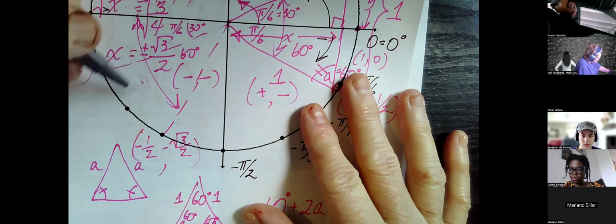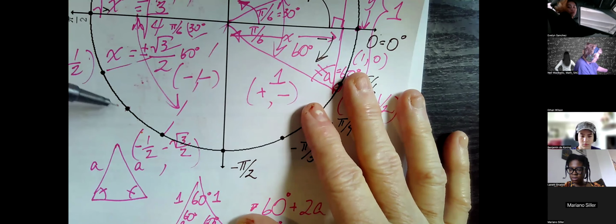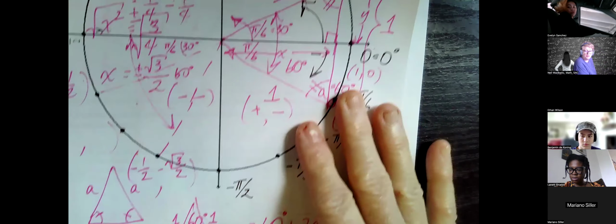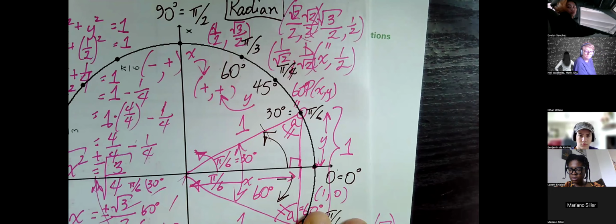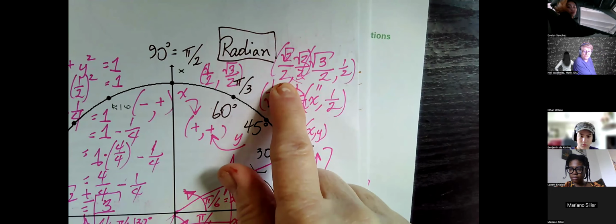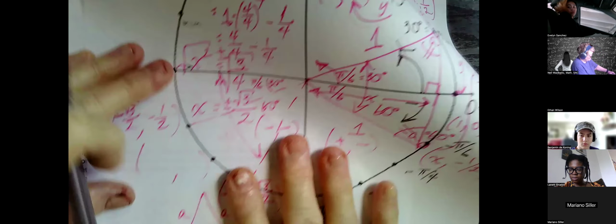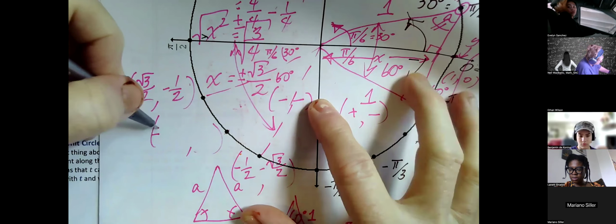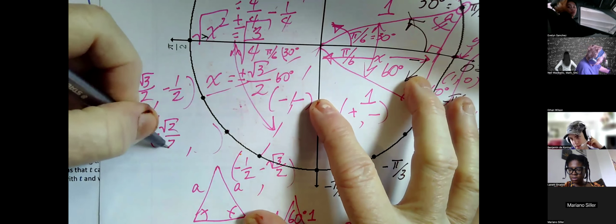And what about the 45 one? Those are both going to be square root of 2 over 2, square root of 2 over 2. They're both negative, yeah. Good.